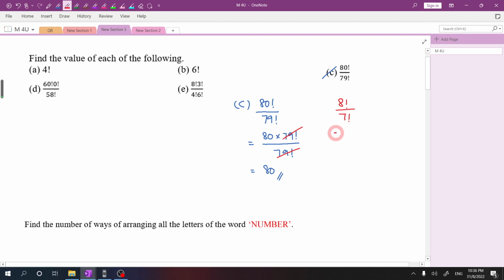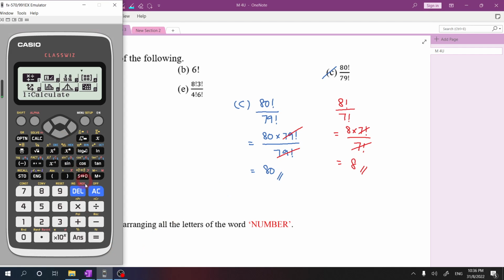What is the answer? 8 factorial can be written as 8 times 7 factorial. 7 factorial, you just copy, simplify them, you get 8. This number is not that big, so it should be no problem for the calculator. 8 factorial divided by 7 factorial. Yes, the answer is equal to 8.